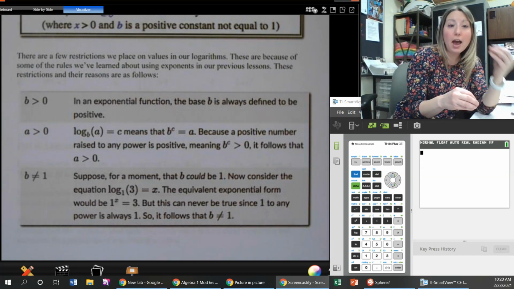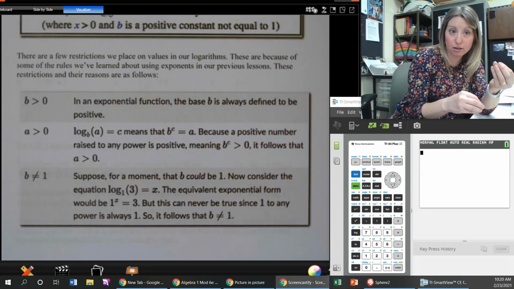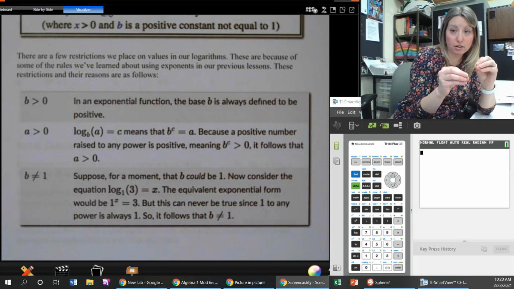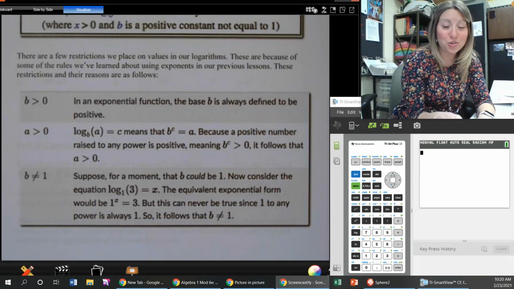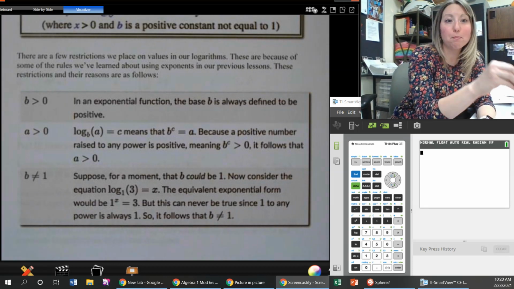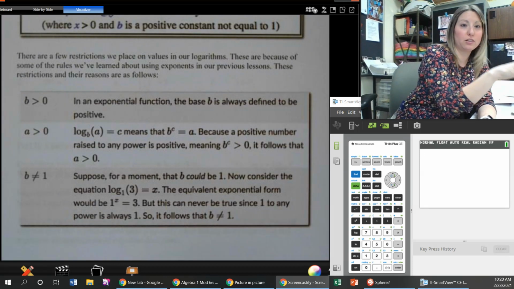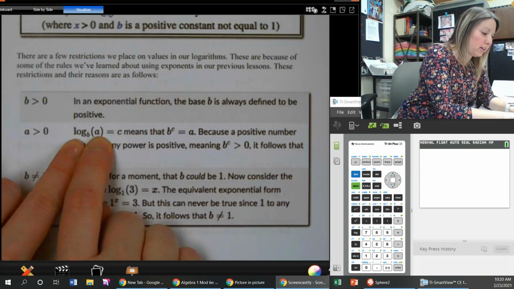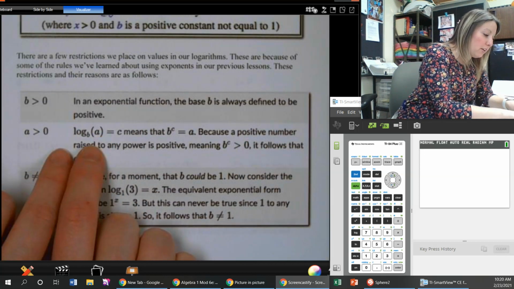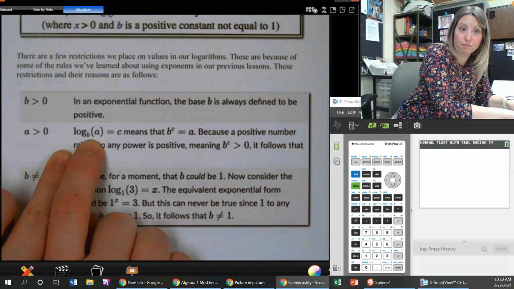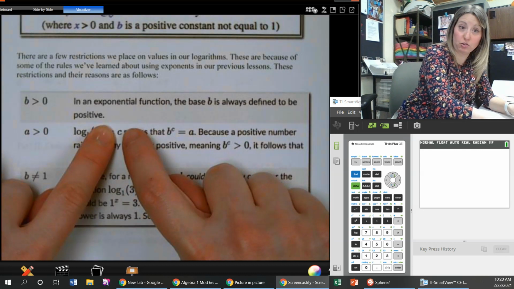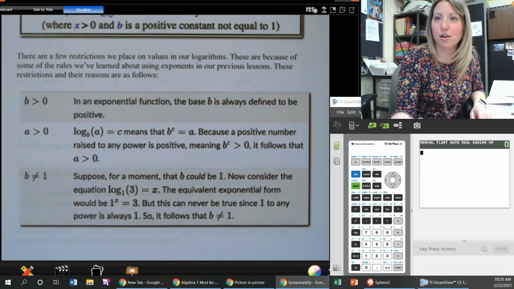You can have a negative somewhere, and I'll show you where as we get in. But typically this is what we look at. So no negative right here, right? And then no negative base. So notice C, this answer over here, that could still be negative. I'll show you that when we get in.